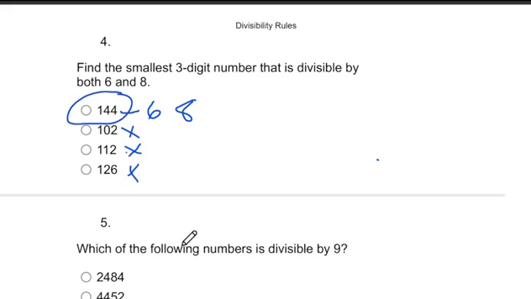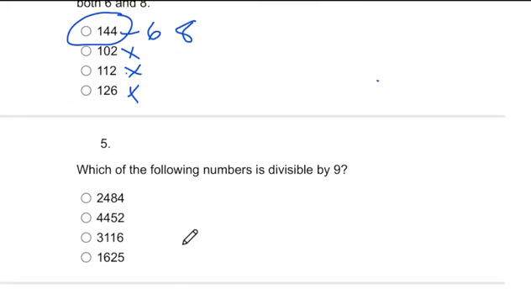Move to the next one. Question 5. Which of the following numbers is divisible by 9? A number will be divisible by 9 if the sum of its digits is divisible by 9. So we'll be adding the digits together and see if we get a multiple of 9. 2 plus 4 is 6, 6 plus 8 is 14, 14 plus 4 is 18.